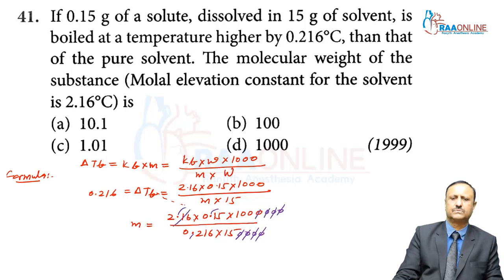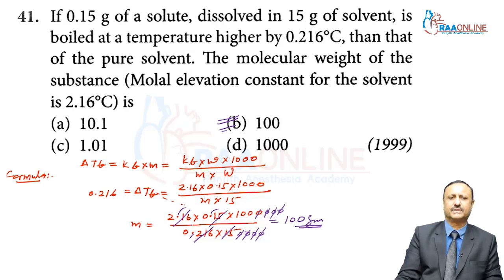And you can see 216 is cancelled, 15 is cancelled. Means, my dear students, you can get 100 gram. And this is question number 41, you get 100 gram, B. Because, my dear students, this is a very large question, but when you put the values, the calculation is very easy, you can cut and get the answer.